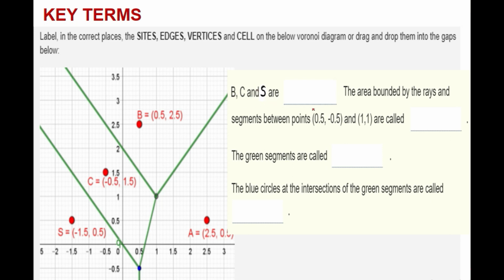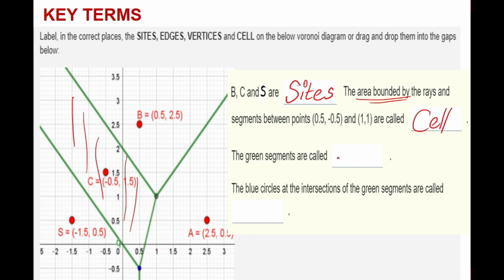You have B, C, S and A. They're all called the sides. Now the area bounded by the rays and segments between the points is called a cell.